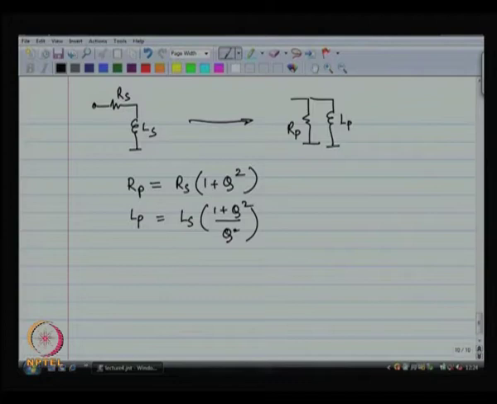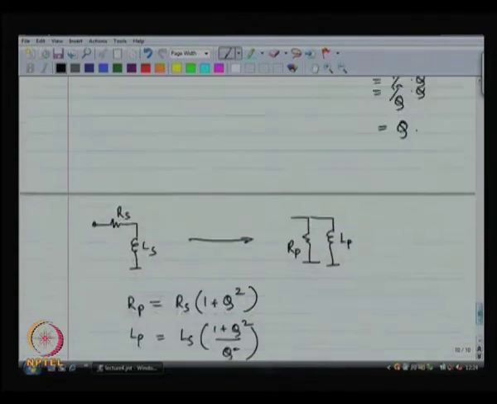Okay. And this Q is the original Q that we started from.